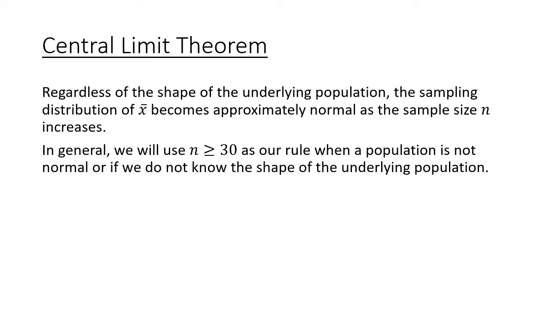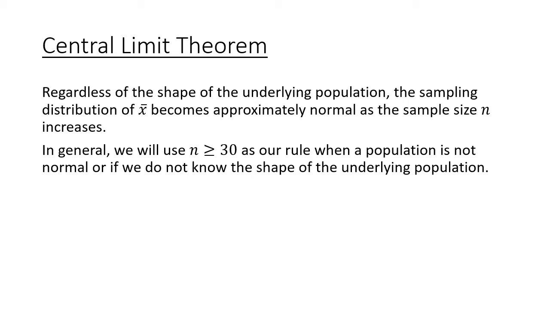Well, what the central limit theorem states is that it doesn't matter what the population looks like. If your sample size is large enough, and in this case, we're going to use the rule that our sample size has got to be at least 30 people or 30 points of data, the sampling distribution has got to become normal.